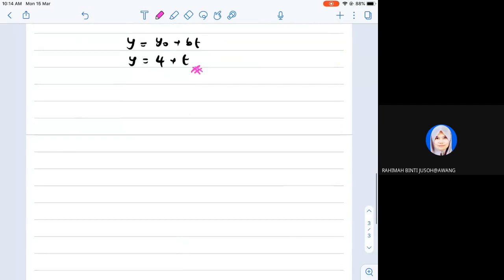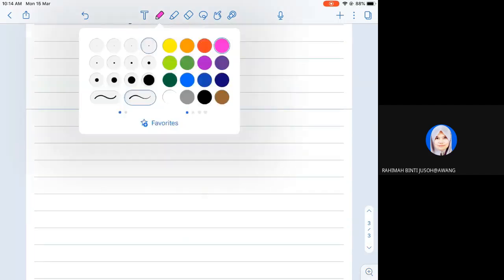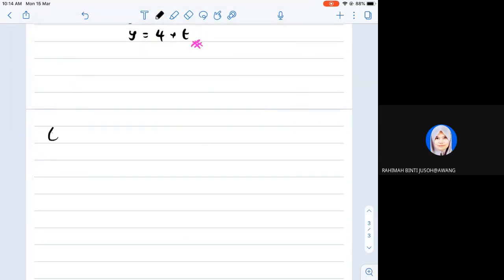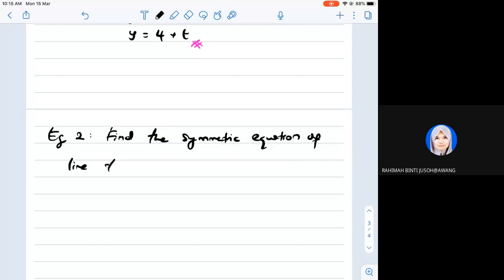Next, example 2, which is similar to 1.4.1.2. Find, okay, let's say now I want you to find the symmetric equation of the line that is passing through.